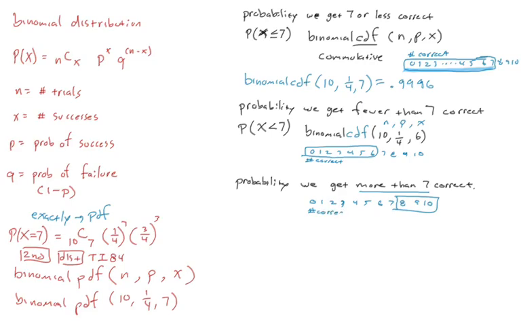So what we're going to want to do here is get a little creative. Let me write this notation out. Probability x is greater than 7. This is what we want, the top portion. This is what we don't want. So let's calculate what we don't want here. The binomial CDF, 10, 1/4, and then 7.